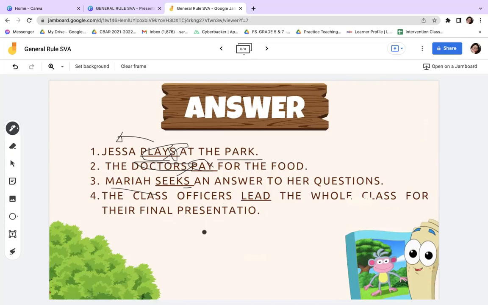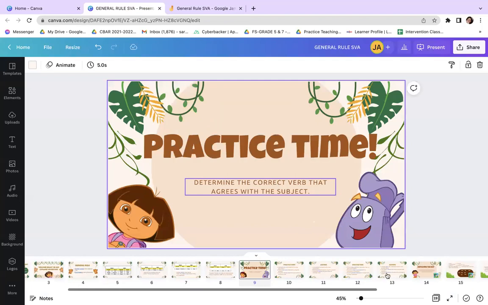The officers is a plural subject, that's why the verb should also be plural. A plural verb does not end with S. Always remember that simple rule.